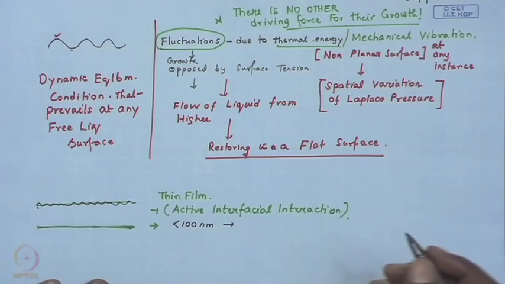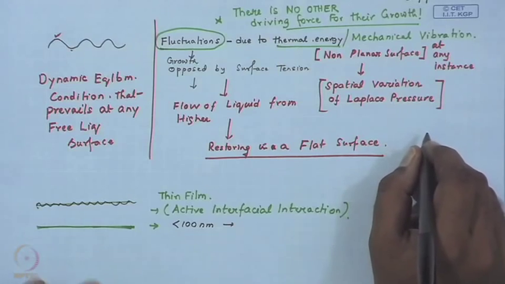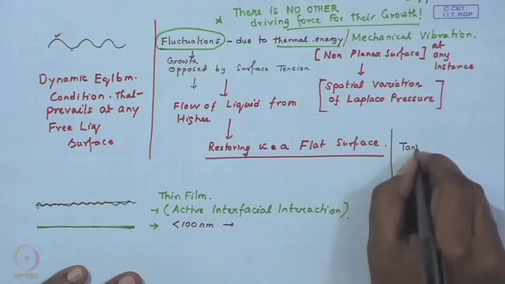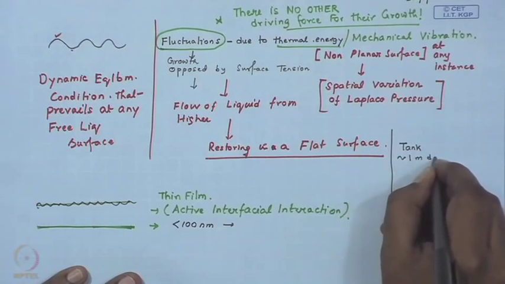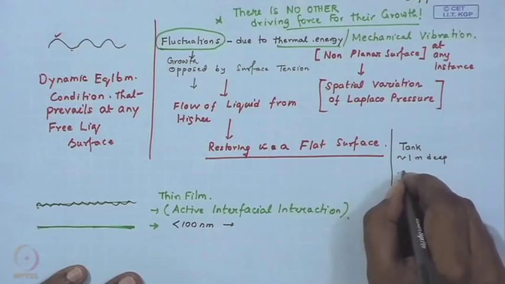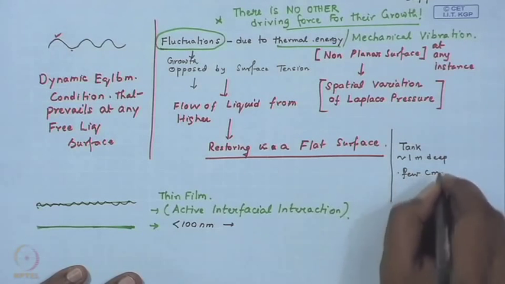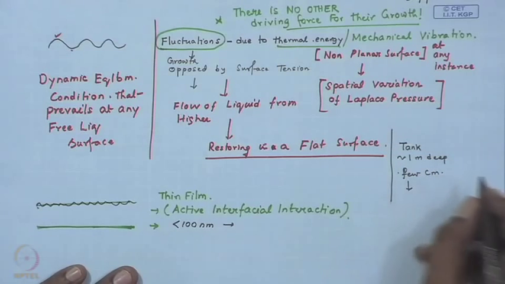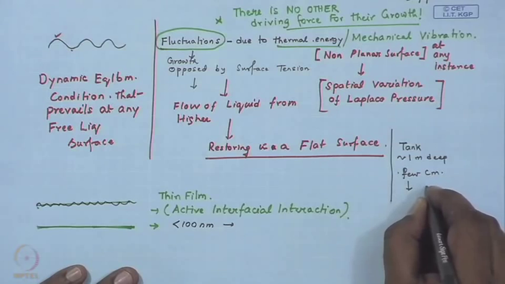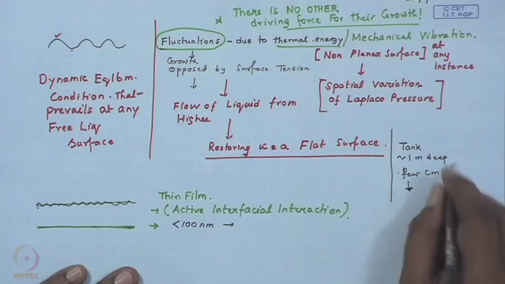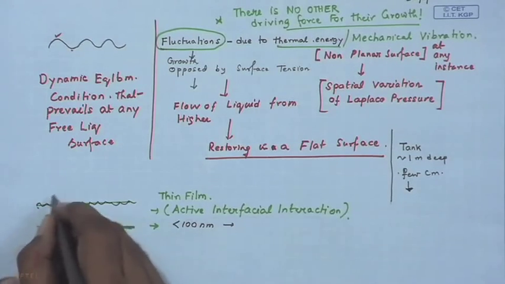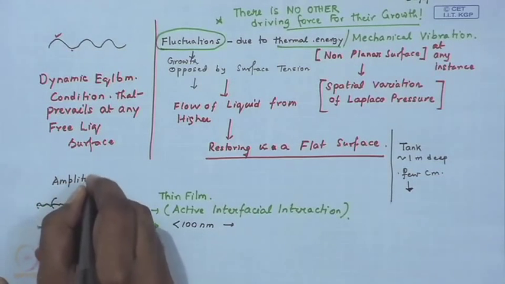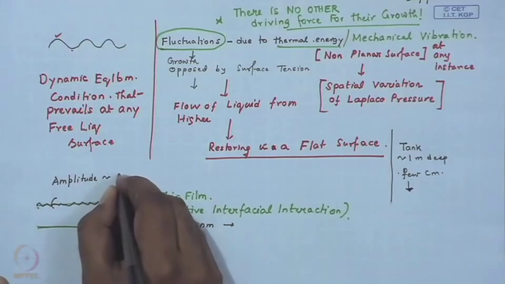Okay. So, earlier when we talked about a tank of water, let us say 1 meter deep or even a few centimeters, we were talking about a one or couple of nanometer fluctuation with this type of dimension. But now, here the amplitude is in the few nanometer.